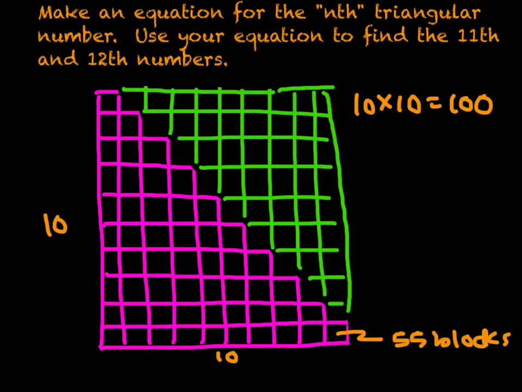When I think about a triangle and the area of a triangle, I'm essentially cutting a square of the same area in half. And so if I were to do that, I'm essentially cutting all of this right down the middle, breaking it up in half. So if I take this 100 and divide it by 2, I get 50.